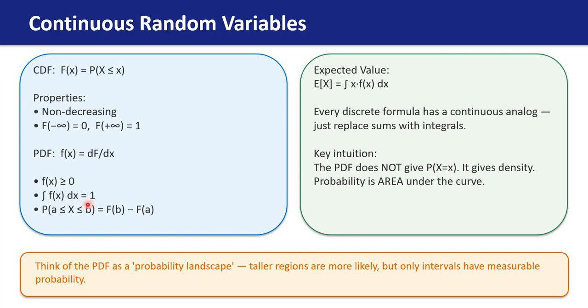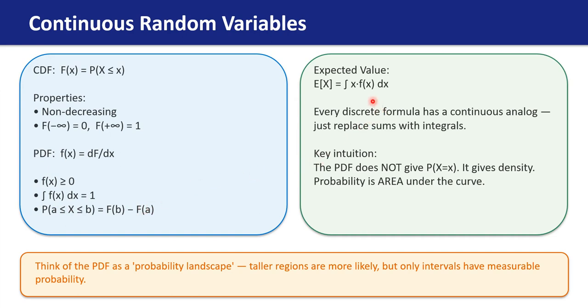The probability that X falls between a and b is the integral from a to b of f of x dx, which equals F of b minus F of a. This part. This is the continuous version of summing probabilities.